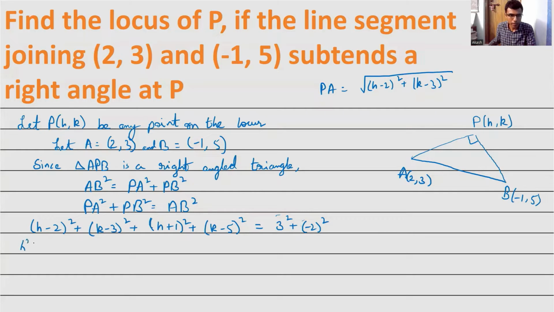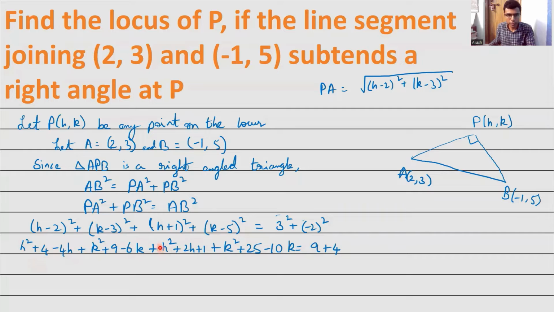So just expansion, h square plus 4 minus 4h plus k square plus 9 minus 6k plus h square plus 2h plus 1 plus k square plus 25 minus 10k is equal to 9 plus 4. Fine. So now, if you'll observe, 4 and 4 will get cancelled, 9 and 9 will get cancelled, okay?